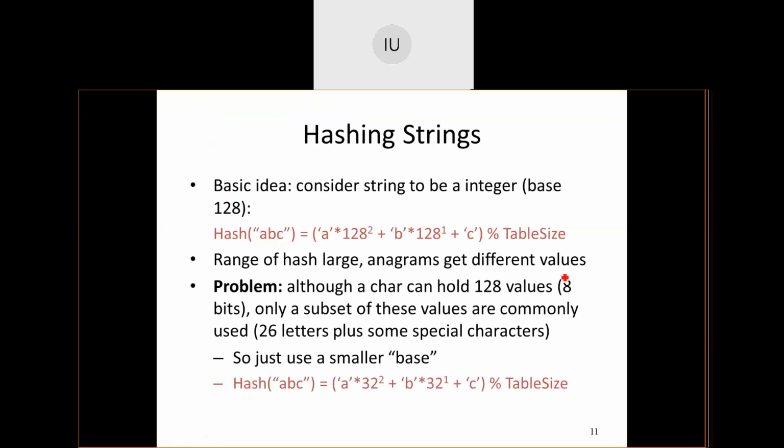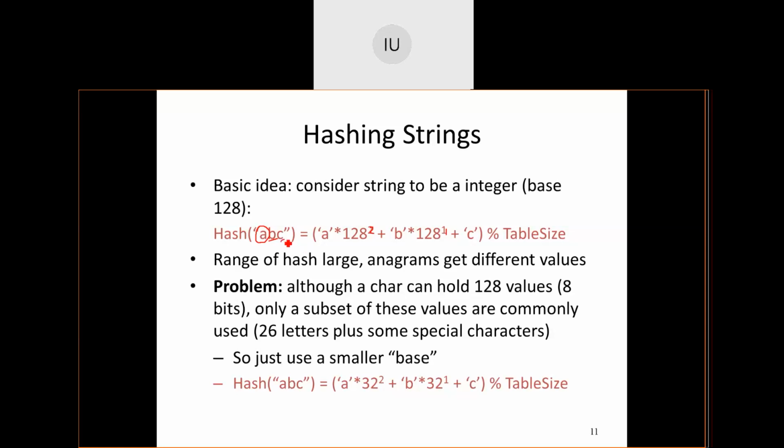Then how can I solve that? What you can do is, according to the position of the character A, a power is applied. Because it is at the hundreds position, 2 is taken as the power. B is at the tens position, so the power 1 is taken.